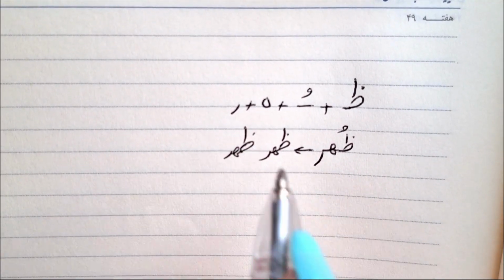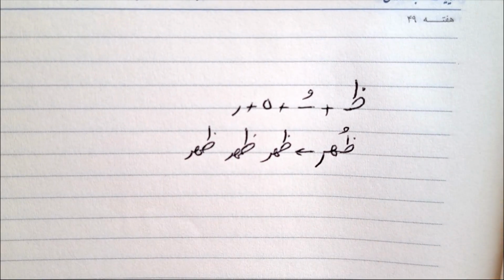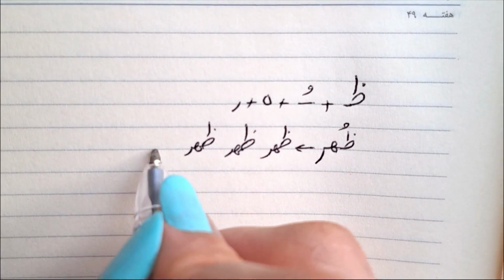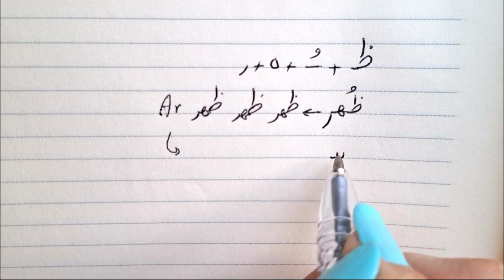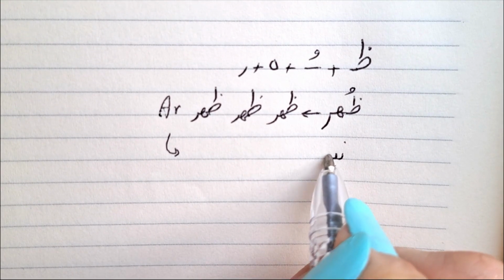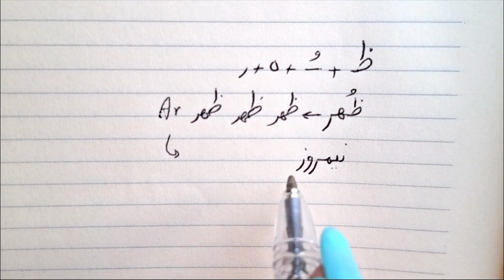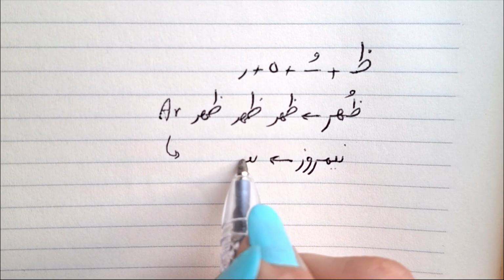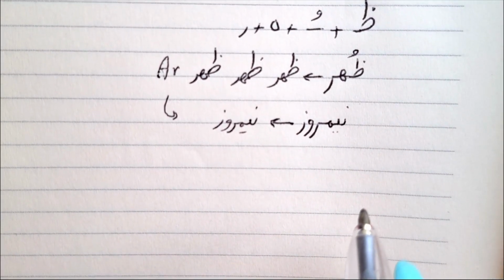So instead, we use the Persian synonym, which is nimruz. N plus e plus m plus r plus u plus z. Nimruz. Nim means half and ruz means day. So half the day is called nimruz.